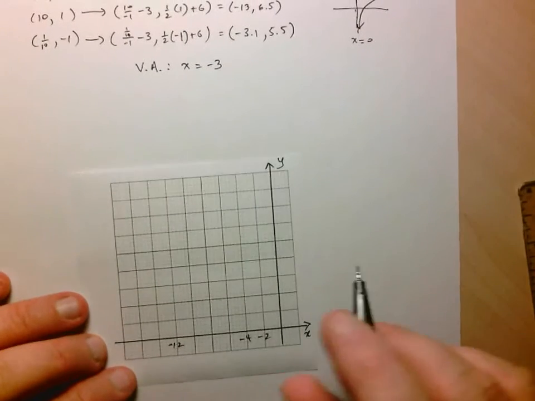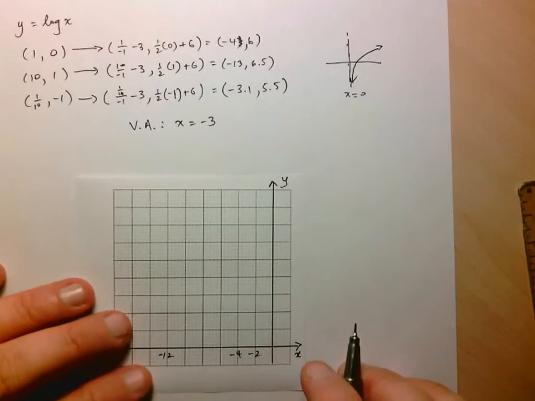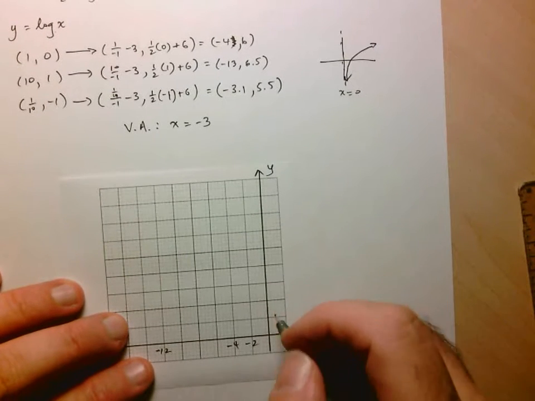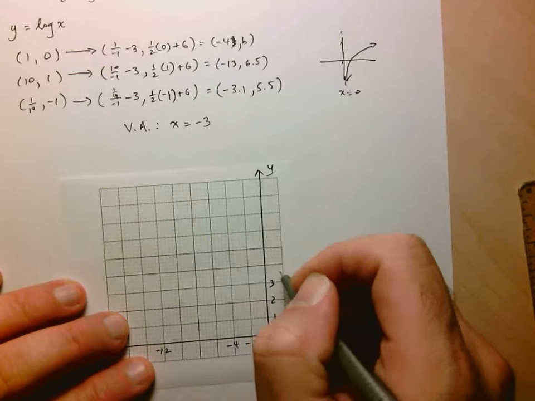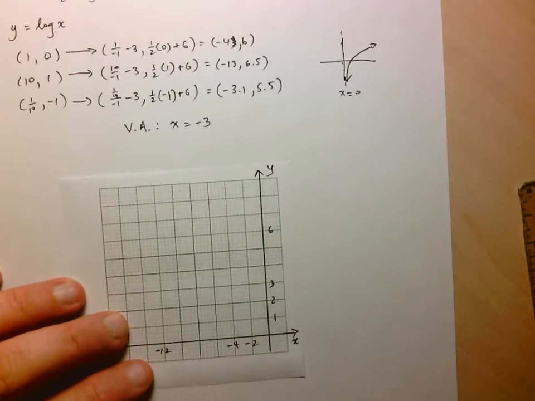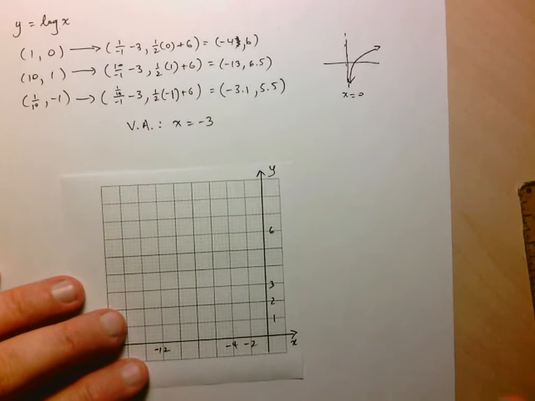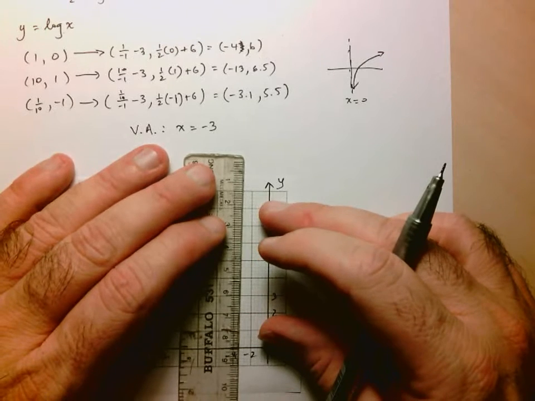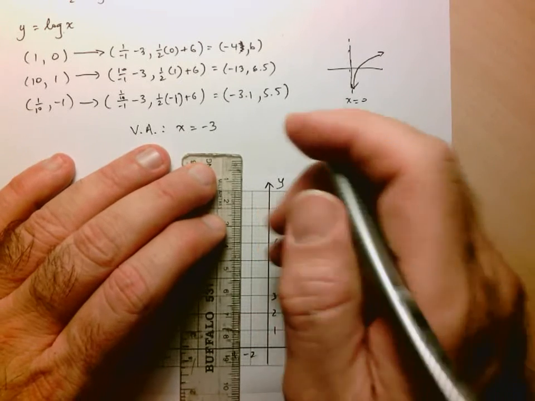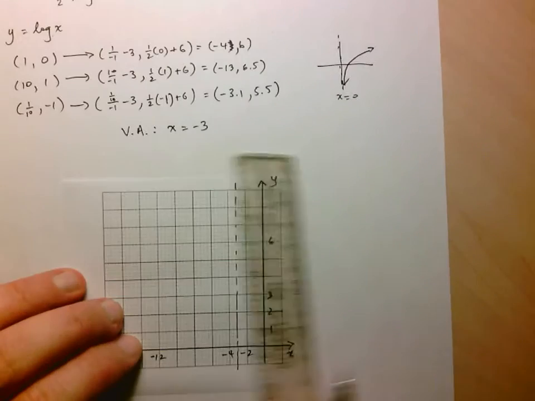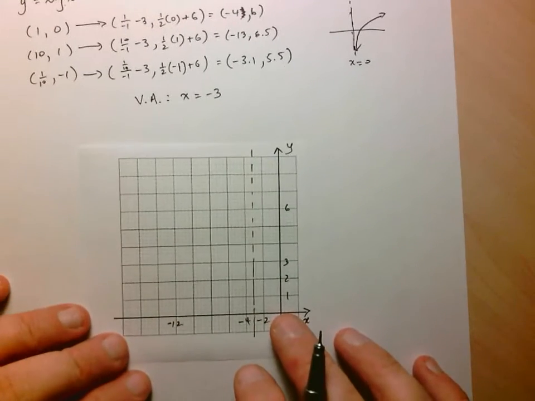For our y's, it would be nice to go up by halves, but I don't think I'm going to have enough room. So I'm going to go up 1, 2, 3, 4, 5, 6. From there we should be able to determine the points. Now let's put in our vertical asymptote, which is at -3, somewhere there. Now I'm ready to actually plot the points.